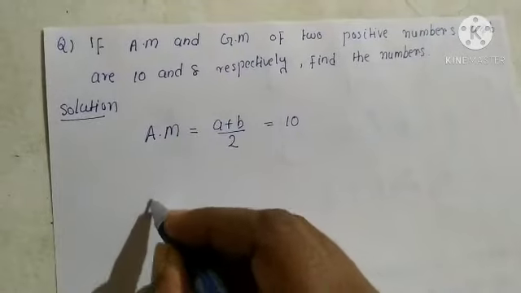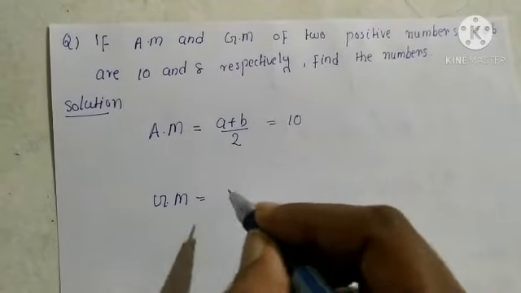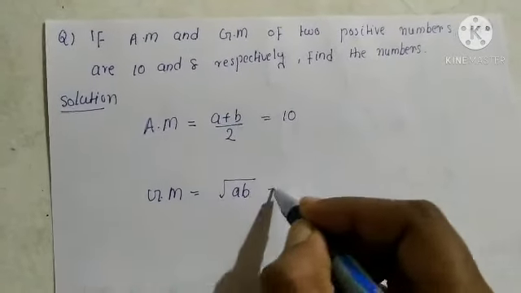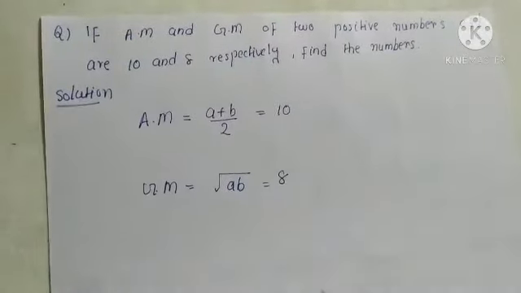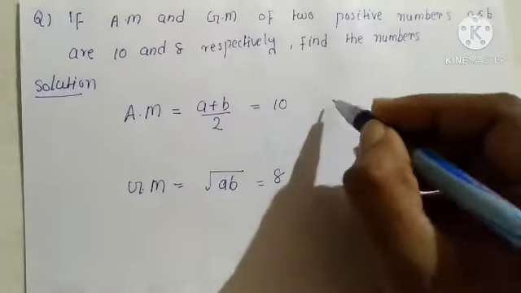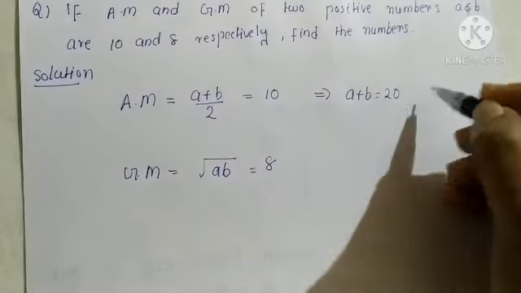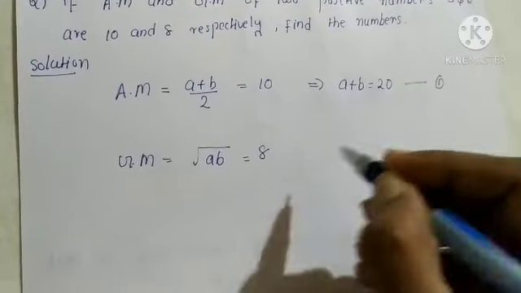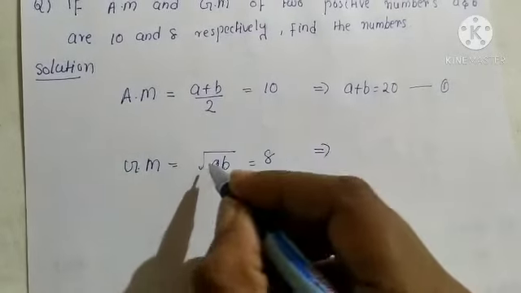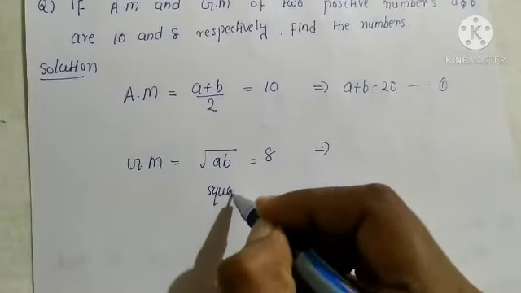The geometric mean between two numbers is root of AB and it is given as 8. So from this we get A plus B equal to 20. Let us name it as equation number 1. And here squaring on both sides.